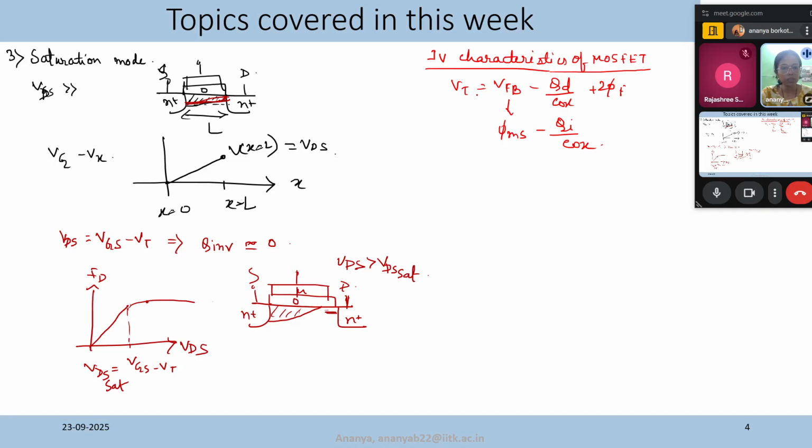Now this is at threshold voltage. At threshold voltage we get the inversion. What happens beyond this threshold voltage? What happens above threshold?